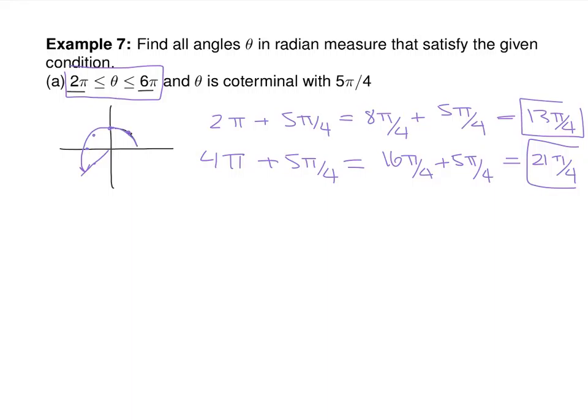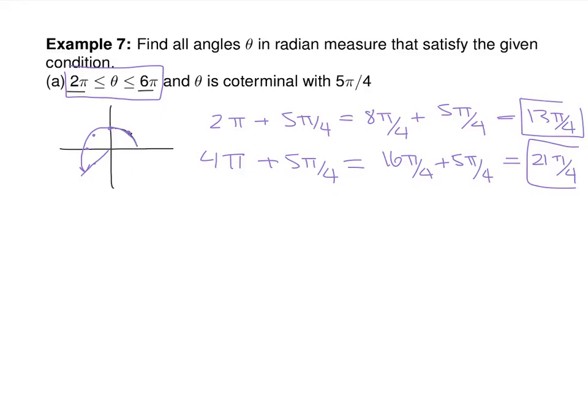What you can think is that 21 over 4 is 5.25, so that's still less than 6. Can you go around 3 times? Oh, it's going to be too big. So the point is, adding revolutions in degrees is the same as adding 360, and adding revolutions in radians is like adding 2 pi. It's just equivalent stuff.